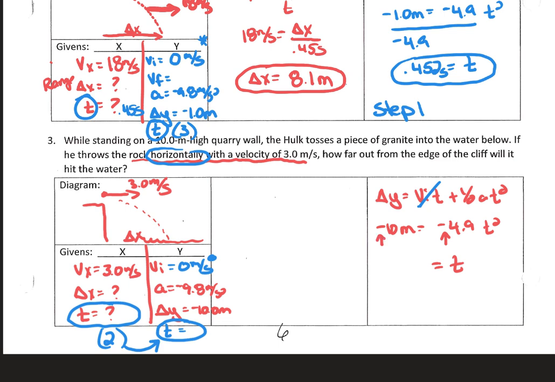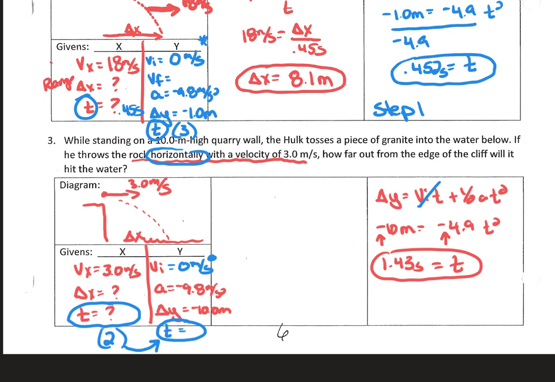Projectiles that are thrown horizontal always have negative displacements because they're curving downward. So you can't take the square root of a negative number, so those double negatives have to be there. And the answer I get is 1.43 seconds. I'm keeping an extra sig fig, an extra digit, because that's just step 1.